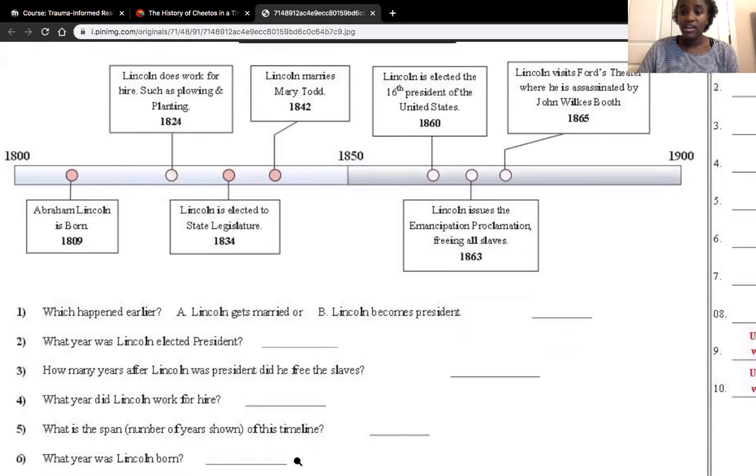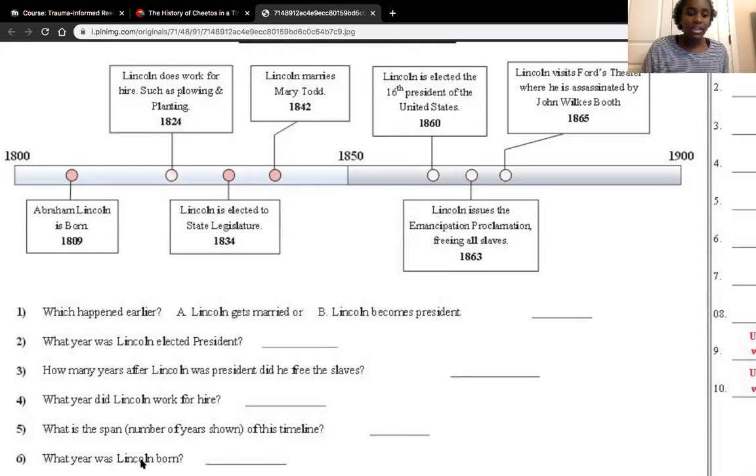Just because he died in 1865 doesn't mean the time stopped. So he was not born in 1800. He was born in 1809. So the beginning of the timeline says 1800s, and the end of the timeline would be 1900s. Okay? So that would be our time span. It would be 1800 to 1900. That would be the span.